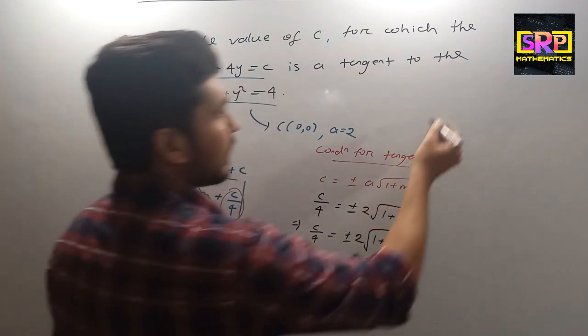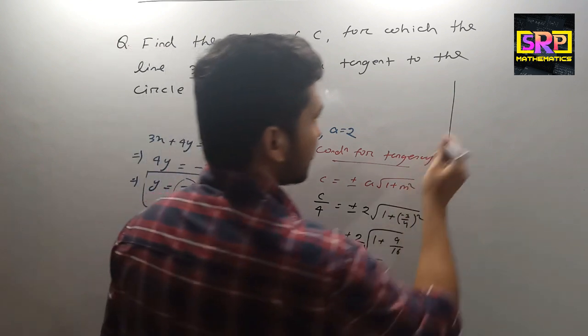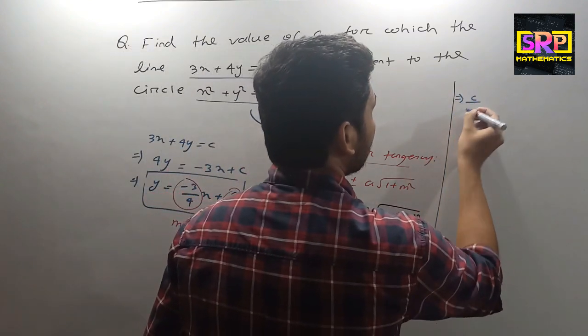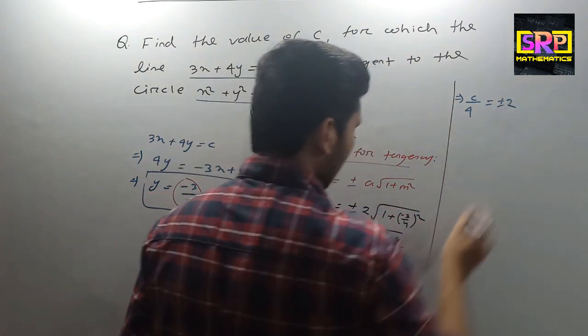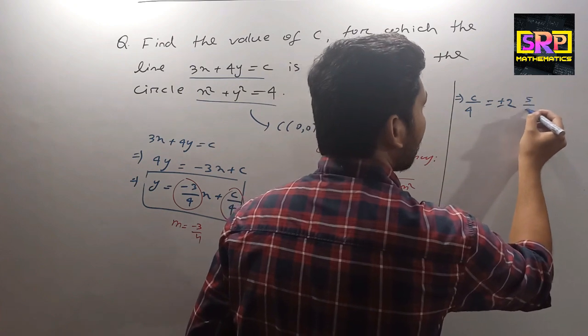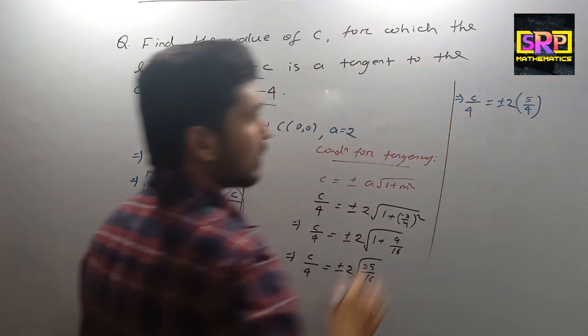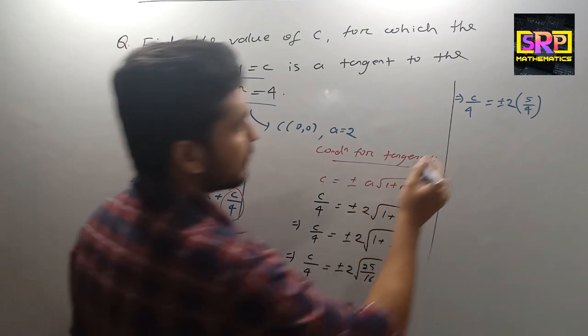Clear? And if you see, our c by 4 will become plus or minus 2, root over 25 by 16 will become 5 by 4. And in the left hand side and right hand side, in the denominator we have 4, so that 4 will get cancelled.